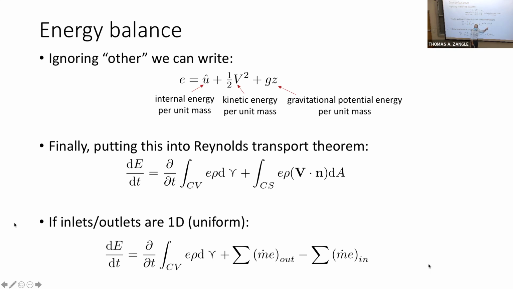Here I'm using the form where I have lumped my inlets and outlets all into one term, which I can do because it's v dot n. Remember, n is my outward facing unit normal. So by writing it out this way, with v dot n, I'm going to automatically account for my inflows and outflows in this expression.